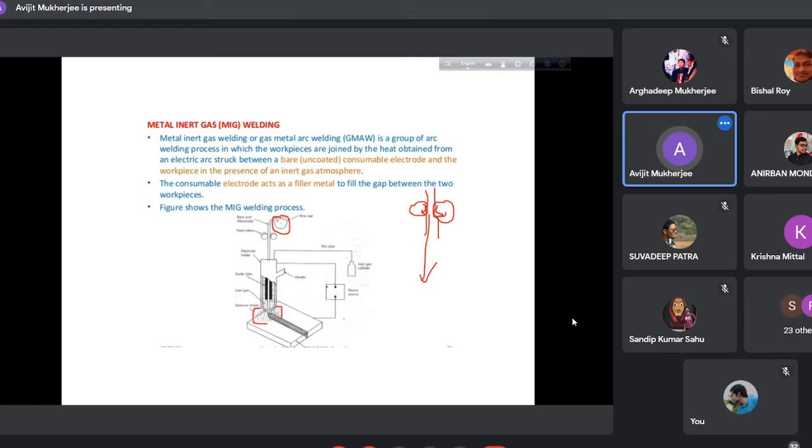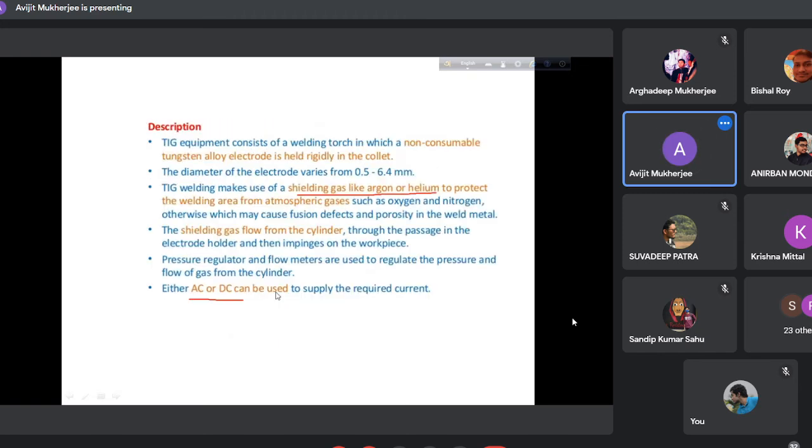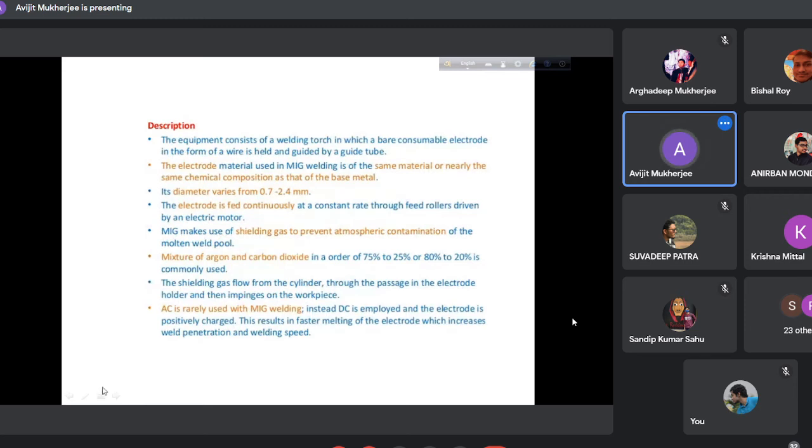So this is a power source, and the electrode is a bare wire, or uncoated, and also consumable, not non-consumable tungsten. So here no filler metal is needed, because the electrode itself acts as a filler metal. But in TIG, we supply one filler metal. So these are some technical points.